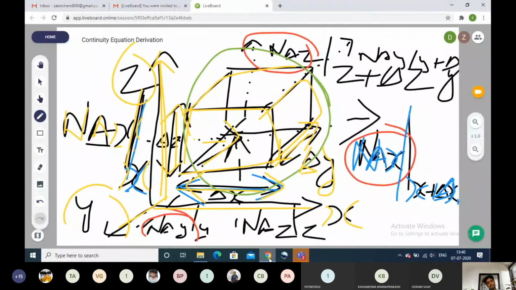Since it is moving in the x direction starting from the origin, we write simply x. It is moving in the x direction and finally coming out at the end of the cuboid, so we write N_A,x at x plus delta x. Similarly, the same applies for the y direction and z direction.